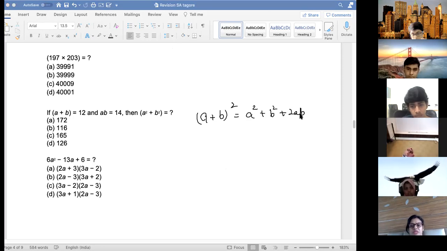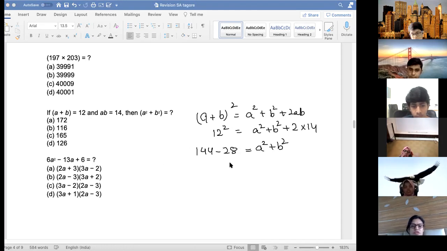So everything is given in the question. A plus B whole square is 12 square. A square plus B square we have to find out. And 2 into AB is 14, 14 2s are 28. Goes over here. So 144 minus 28 is equal to A square plus B square. So what is the answer? 144 minus 28. Which one will come?